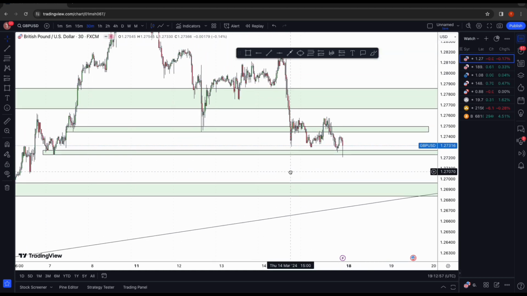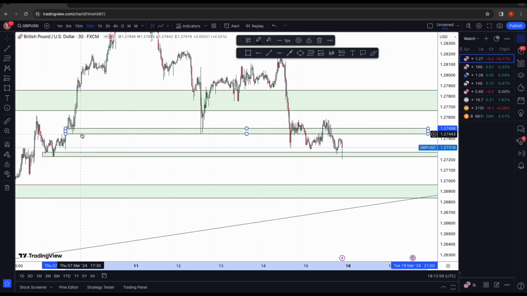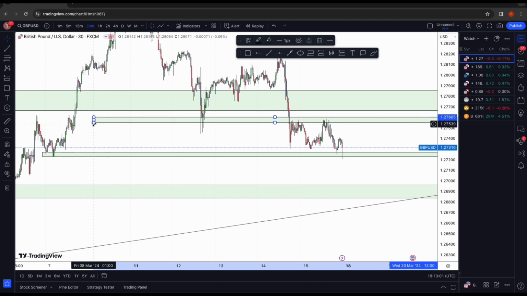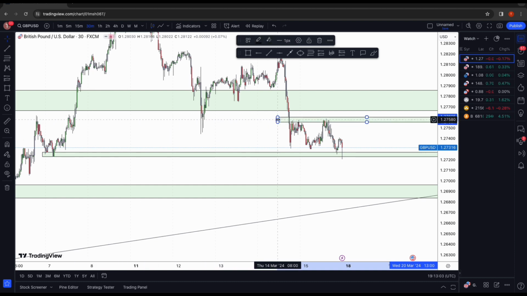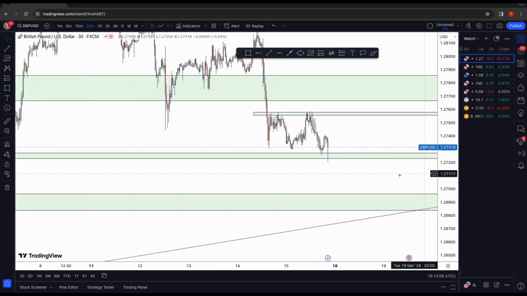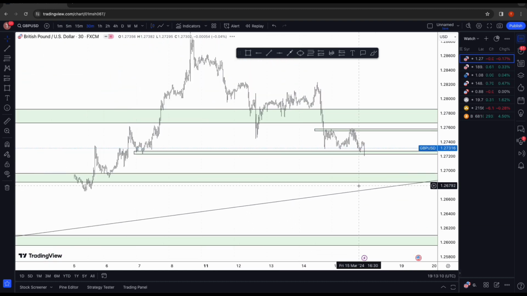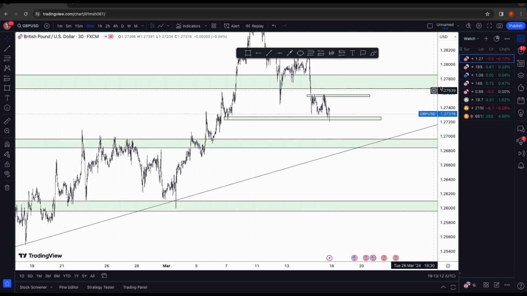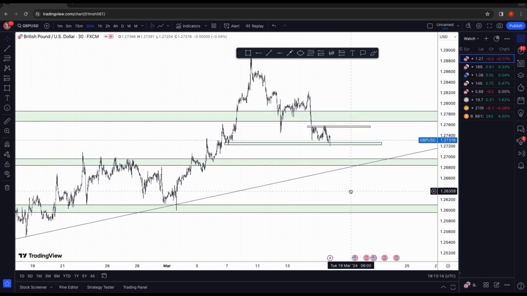So essentially, I would not be looking for entries on this quite yet, but it's shaping up to be quite nice. I would prefer price to come down to these levels, but it could also go from where it is right now.